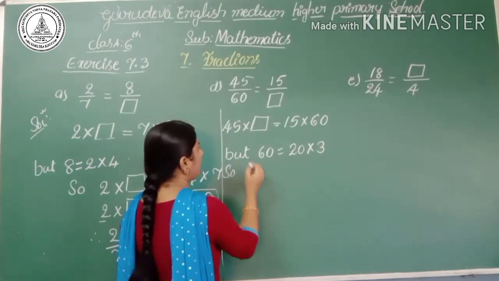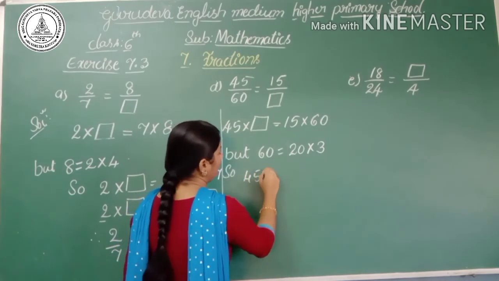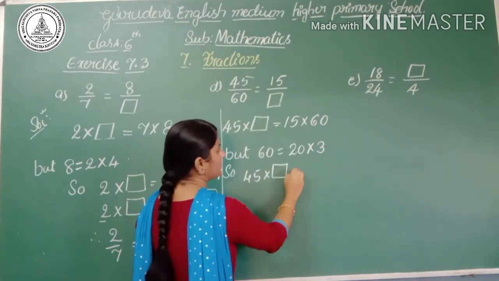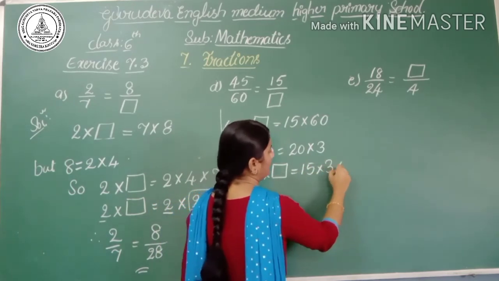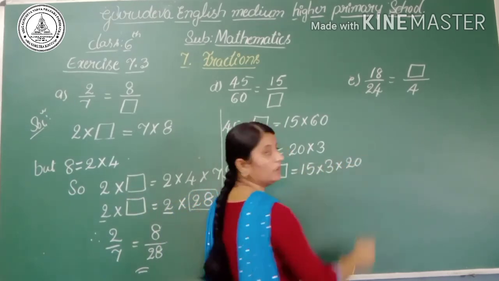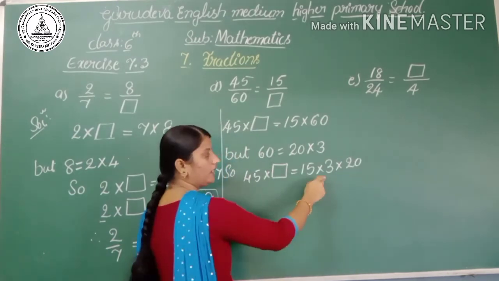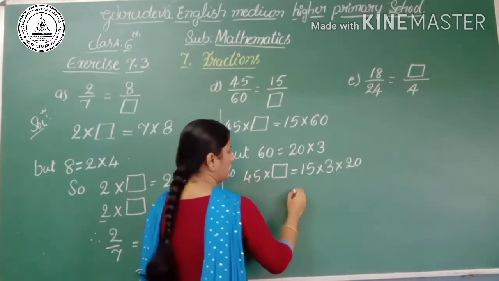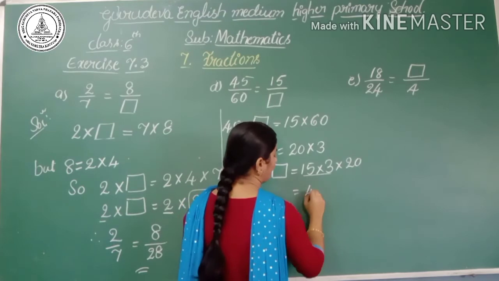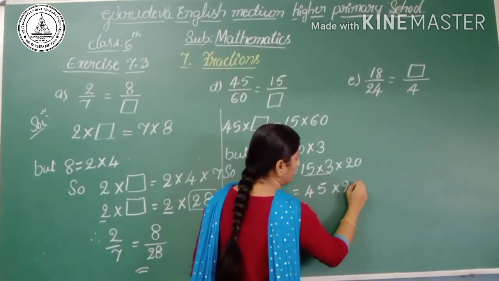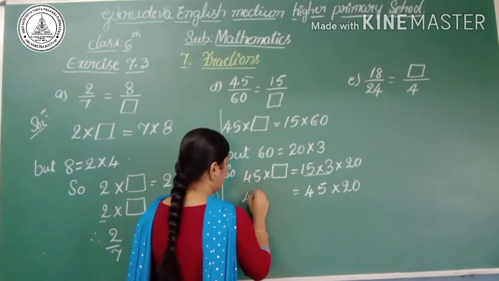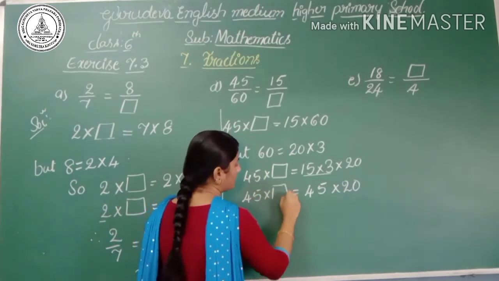So we can write it as 45 into box is equal to 15 into 3 into 20. Now 15 threes are 45, into 20. Now you can see here 45 into box.